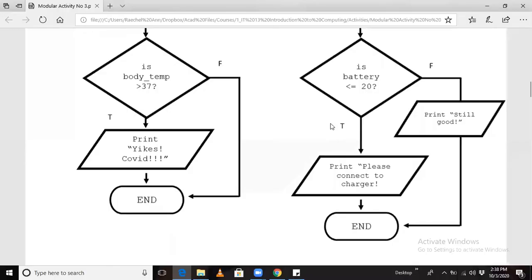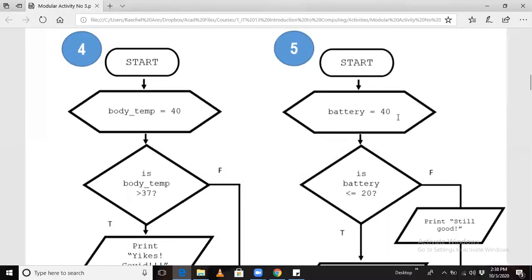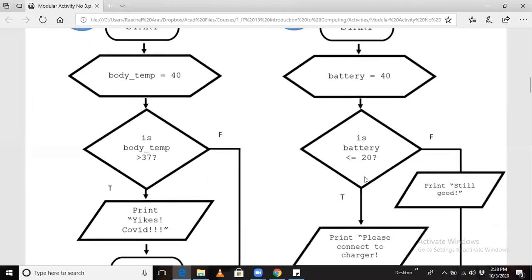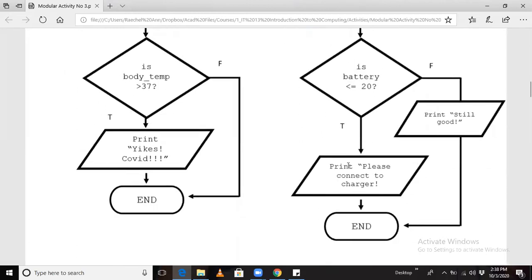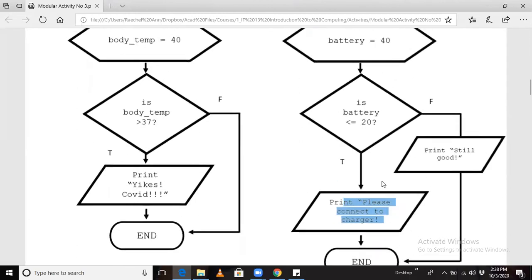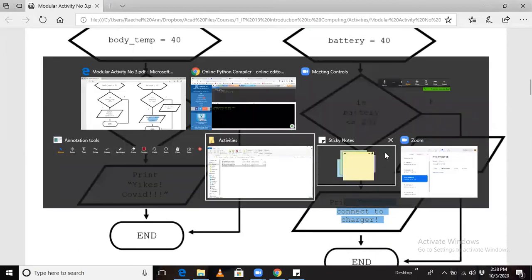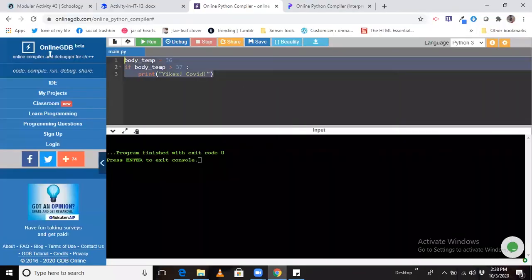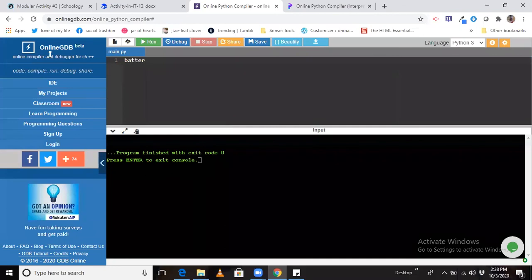Now, next is battery. So, battery is equals to 40. Condition is battery less than or equal to 20. Pag true, connect to charger. Pag false, still good. So, program: battery is equals to 40 if battery is less than equal to 20.